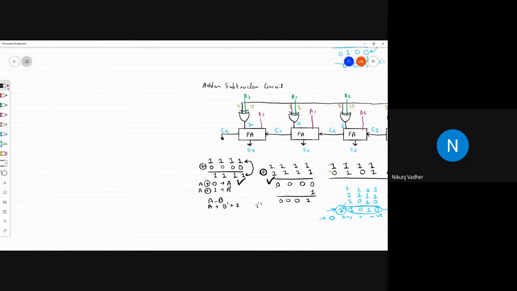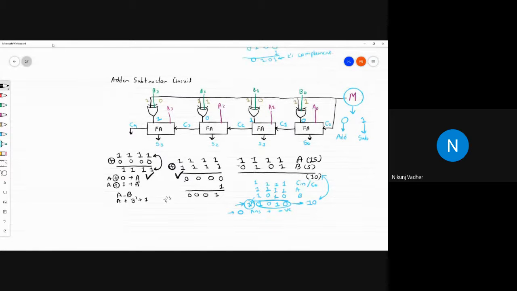We will discuss how we can perform all the basic arithmetic operations in a computer. So let's start.